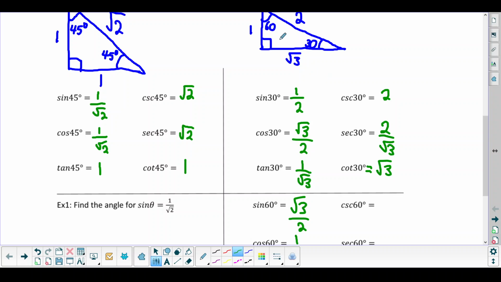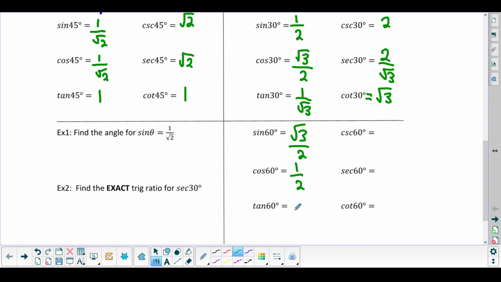Tan is opposite over adjacent, which is root 3. Cosecant is a reciprocal of sine, so it's going to be 2 over root 3. Secant is reciprocal of cos, is 2. And cot 60 is going to be the reciprocal of tan 60, which is going to be 1 over root 3.